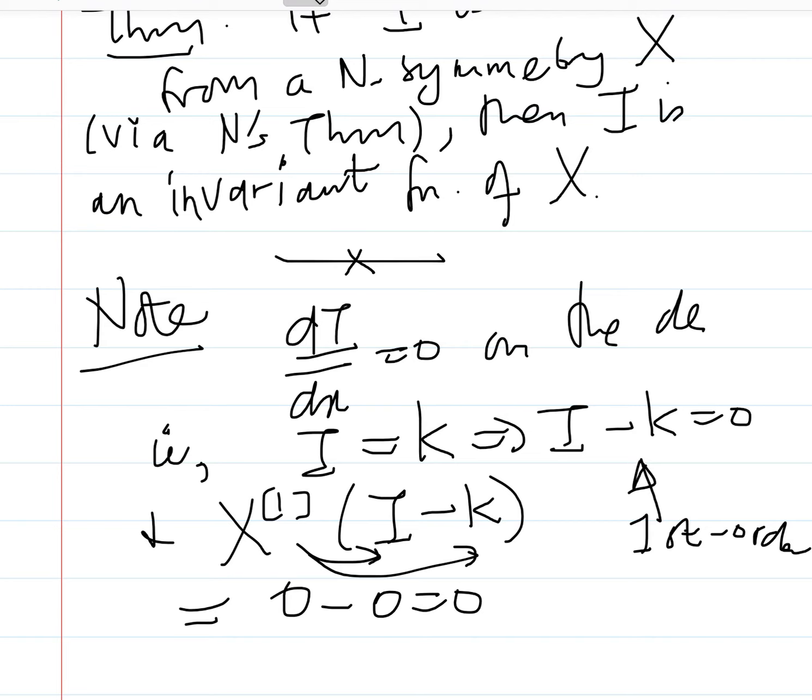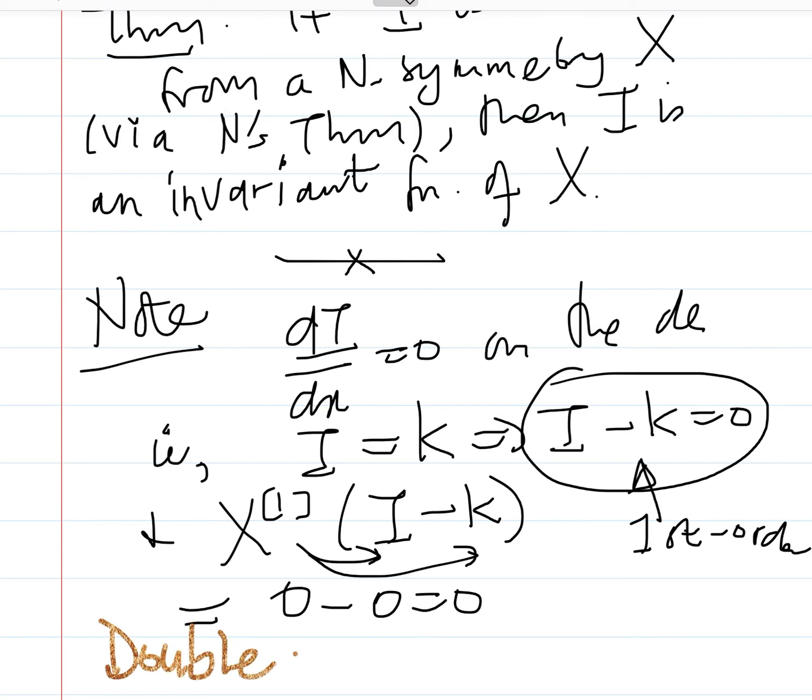And here you have X is a symmetry of this first order differential equation, which means you can reduce this first order differential equation by the same X that you would use to reduce the second order differential equation. So this leads us to the notion of double reduction of differential equations. So this is loosely one of the applications of knowing Noether symmetries as opposed to knowing Lie symmetries.